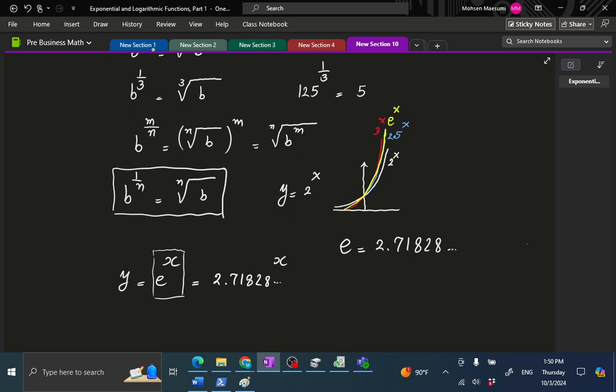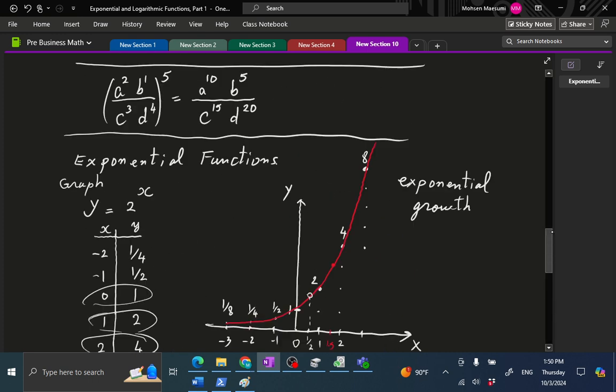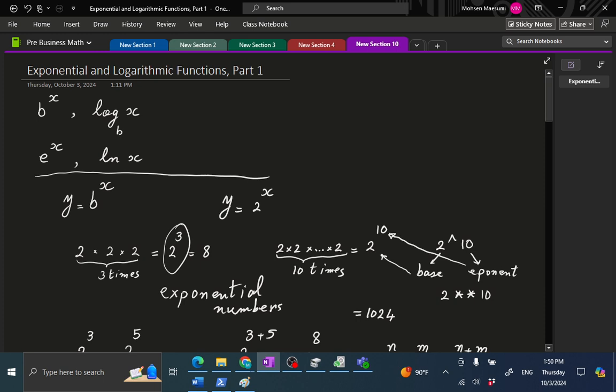That's going to be a very important function for us. Okay, so we introduced the exponential. We talked about this function b to the power of x, where b could be any number, and e to the x is a special case of that.